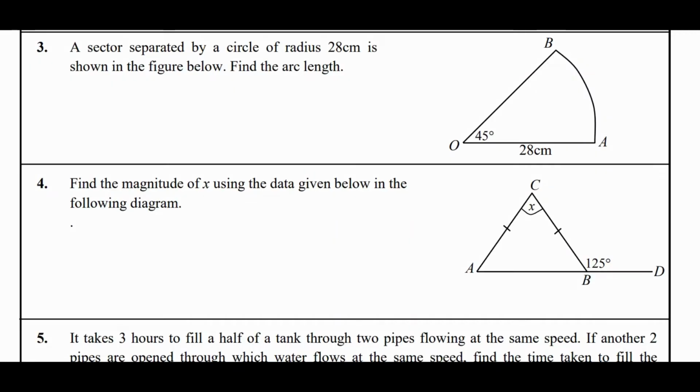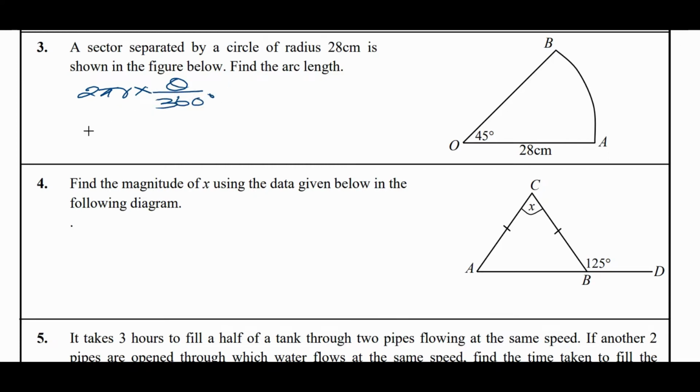Question number 3. A sector separated from a circle of radius 28 is shown in the figure below. Find the arc length. Arc length means this AB length. This is the arc. We know how to calculate the arc length, and it can be written as 2 pi r into theta over 360.